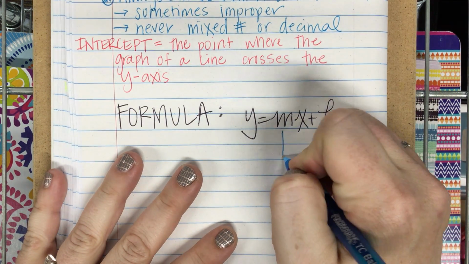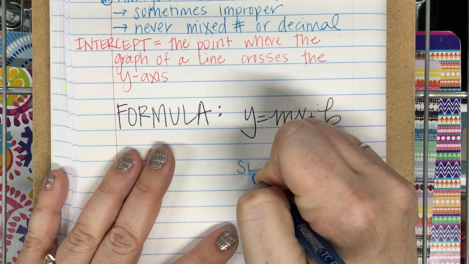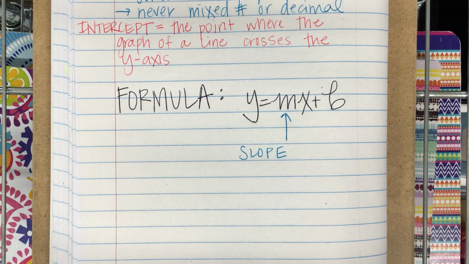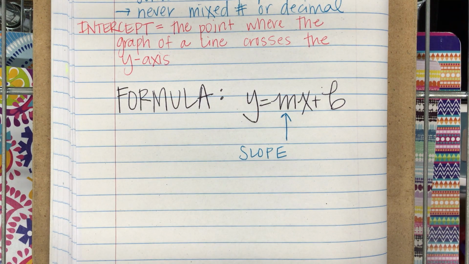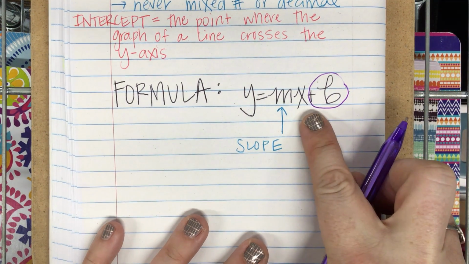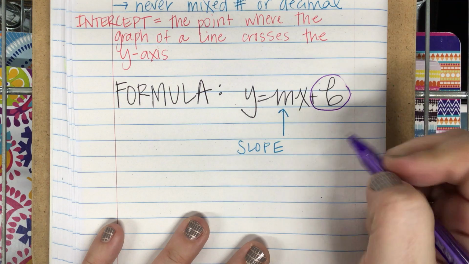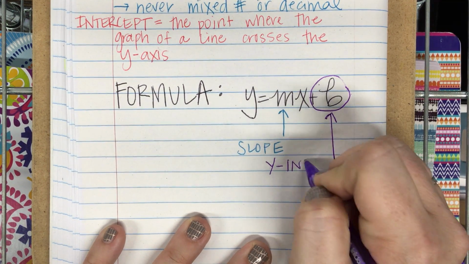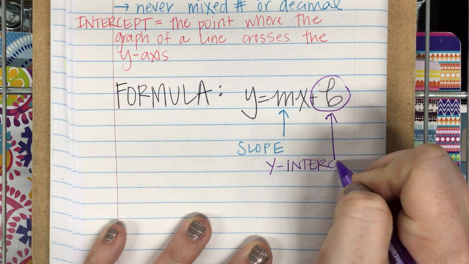M is your slope, and plus b, or if it happens to be minus b, is your y-intercept.